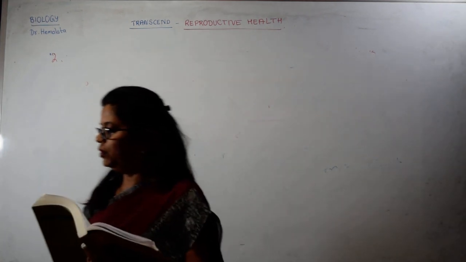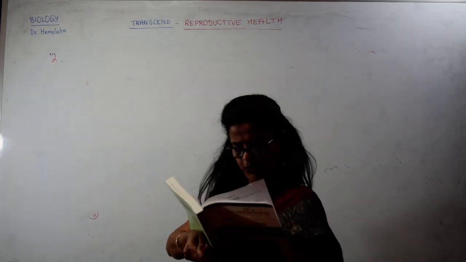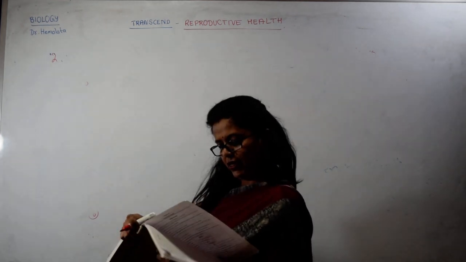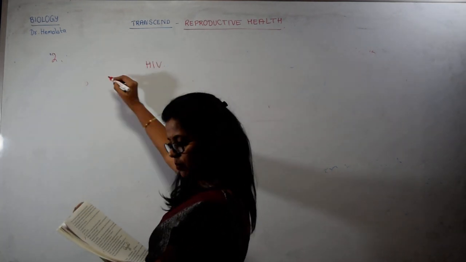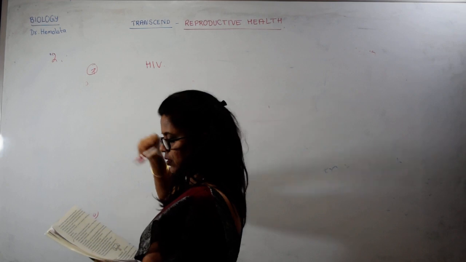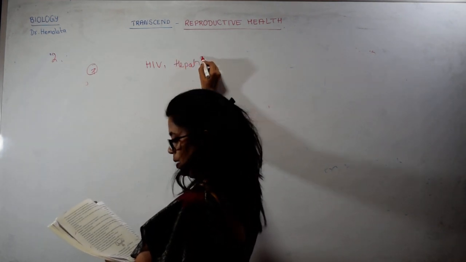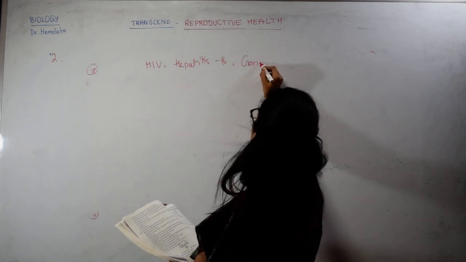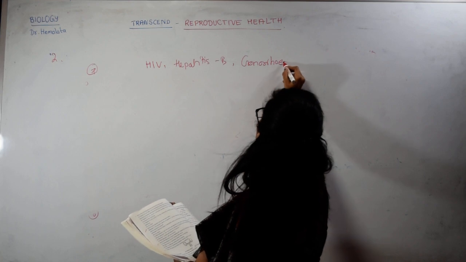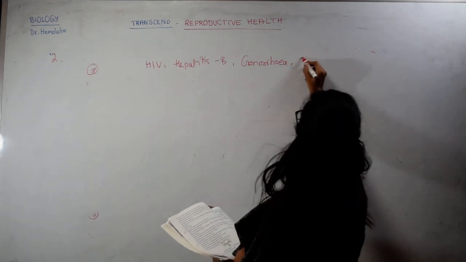So let me explain why the answer I am giving is right. This is the seventh question: HIV, hepatitis B, gonorrhea, trichomoniasis.